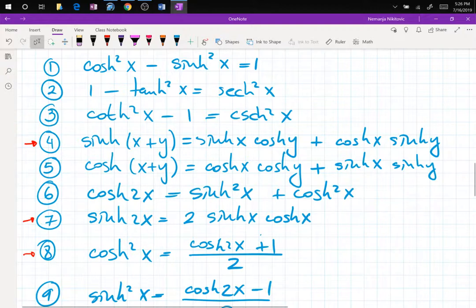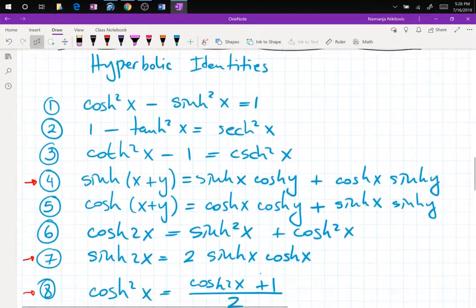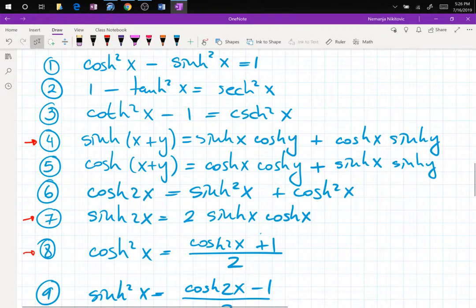So anything else, including the 3 on the bottom with even and odd. Oh, please don't all scream at once. Yes? Number 5. Cosine hyperbolic x plus y? Okay.